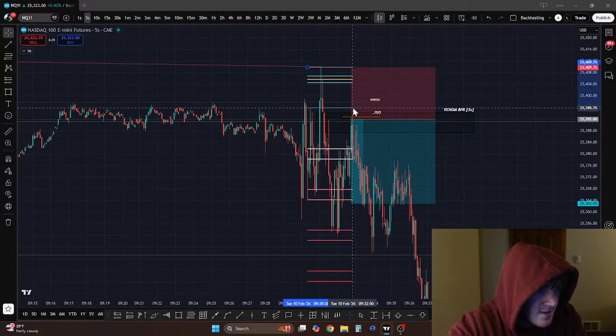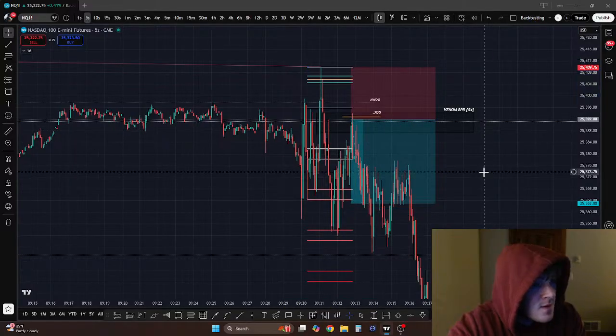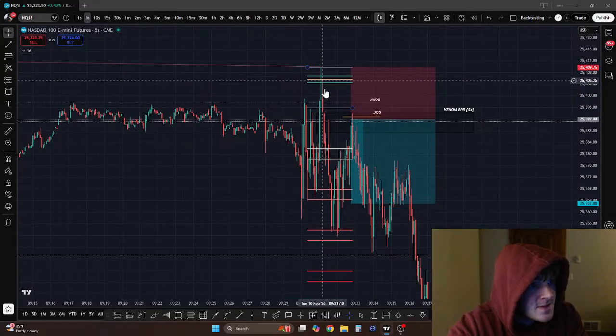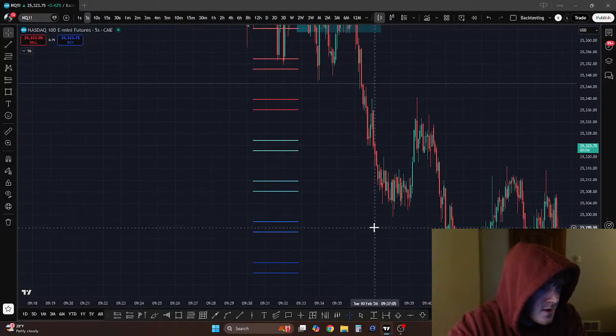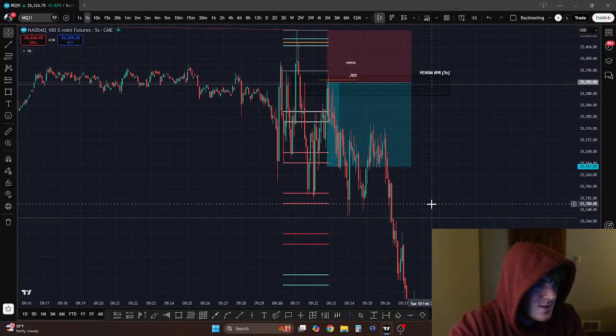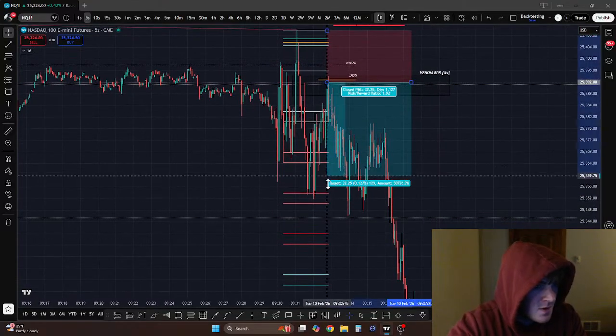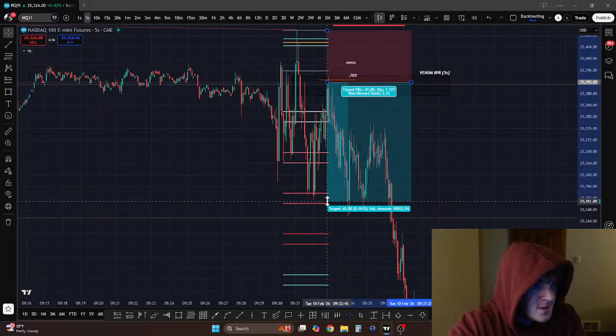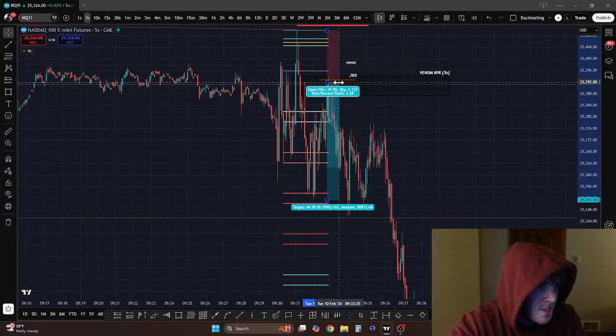Yeah, maybe 7. I would consider this a fractal right there. That 931 entry. I would just say probably just 4 projections is fine, or even just back to this low. Yeah, that's fine.